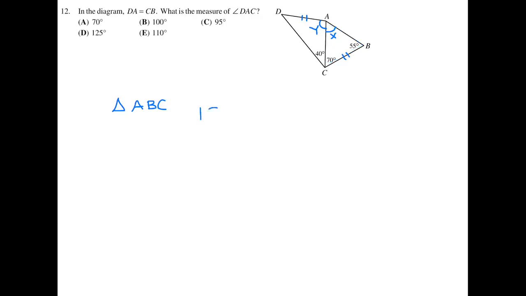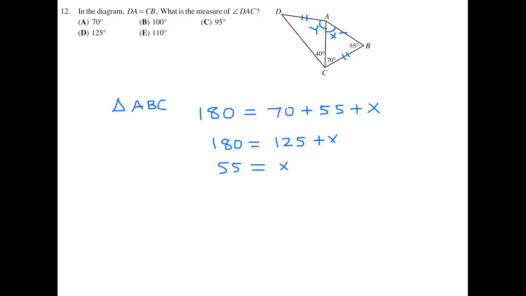In that triangle, as always, the sum of the angles is 180. So they've given us two of the angles already, 70 and 55, and I labeled the other one as X. So we can solve for x. This looks like 180 minus 70 minus 55, which is 55, and therefore x is equal to 55.